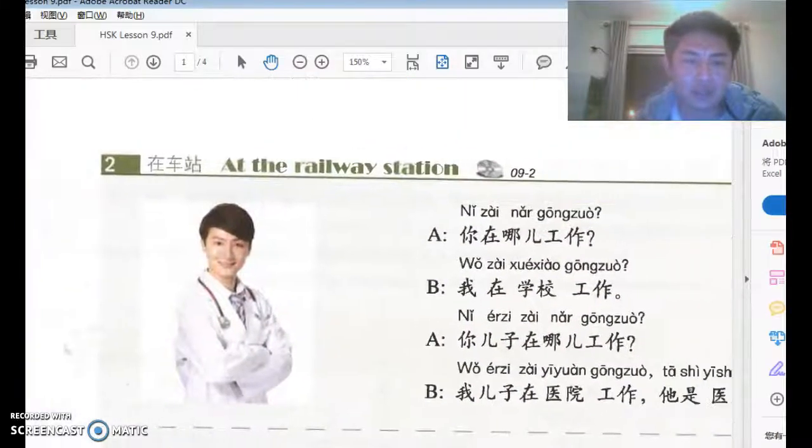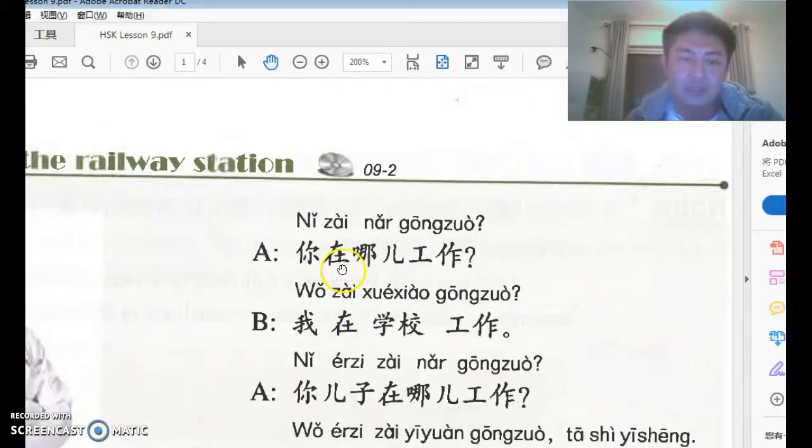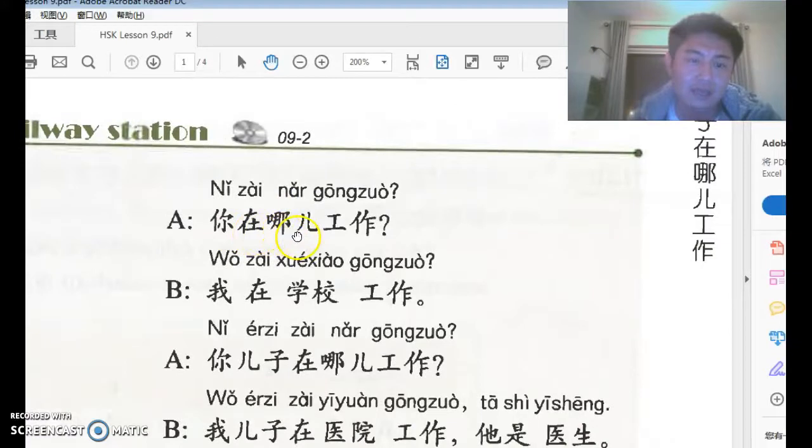Now let's take a look at conversation number 2. A says 你在哪儿工作? Try not to pay attention to the pinyin. Again, use pinyin only when you have to. 你在哪儿工作? You at where, or at which place, work? B says 我在学校工作. 学校, two X's, the pronunciation might be a bit difficult. 学校, school.